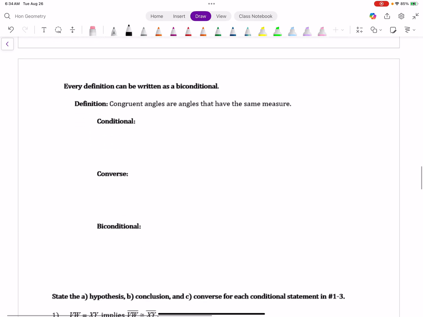Okay. So every definition that you learn has to be a biconditional. So if it's a definition, they're all biconditionals. Here's some different definitions. Like the definition of a congruent angle. Congruent angles are angles that have the same measure. So the conditional of that is saying, if angles are congruent, then they have the same measure. So we could say that.